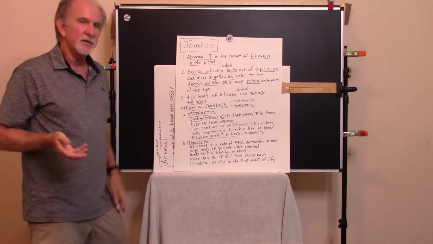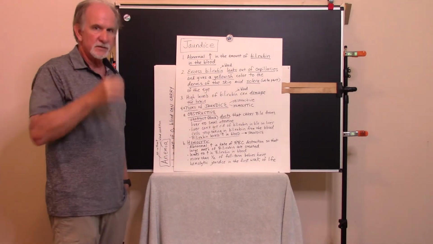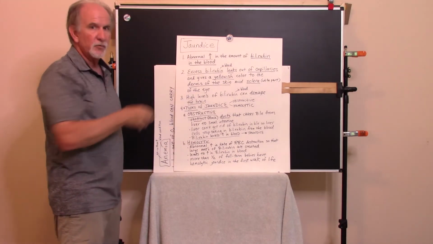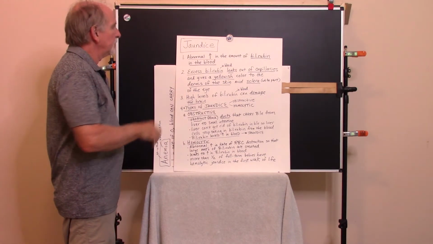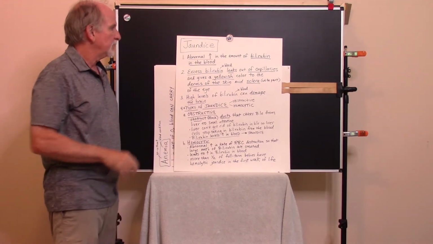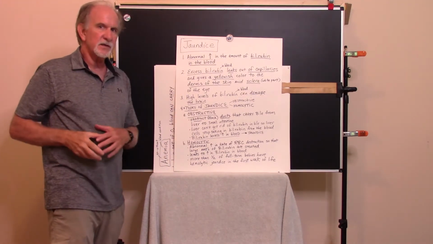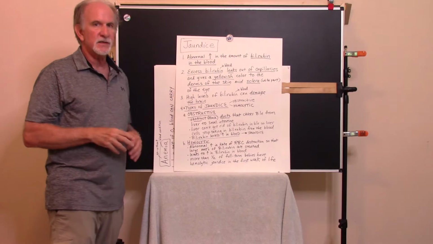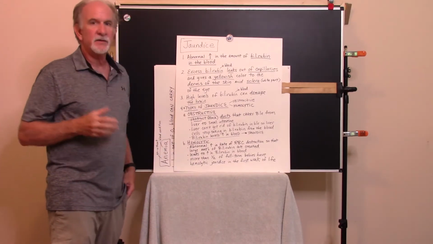There's a couple conditions, abnormal conditions, associated with bilirubin elimination. And they're referred to as jaundice. So jaundice is an abnormal increase in the amount of bilirubin that you find in the blood.